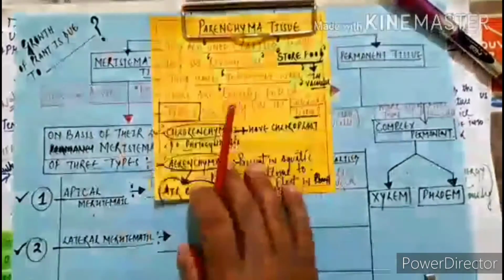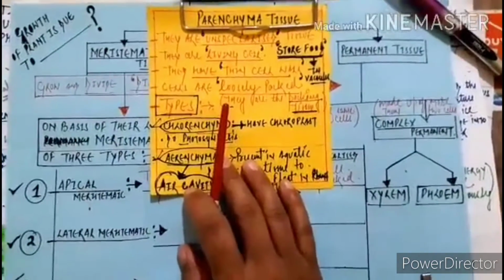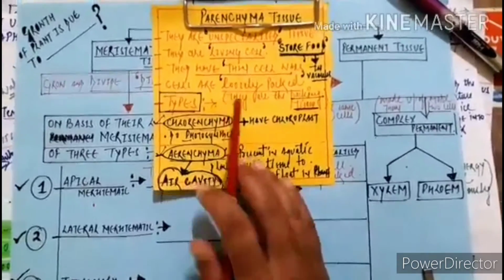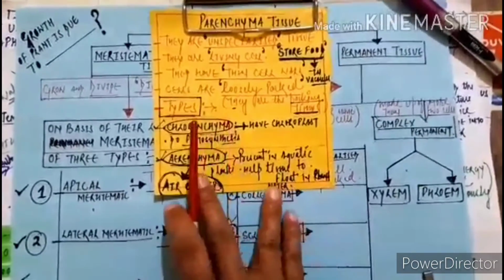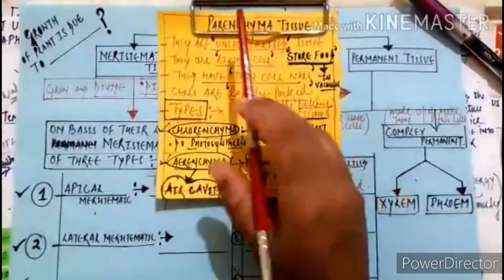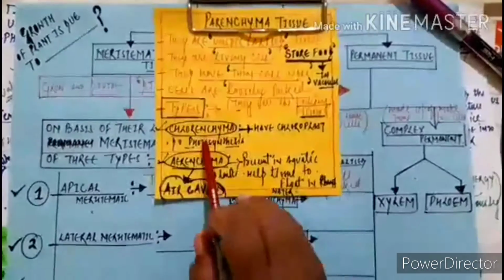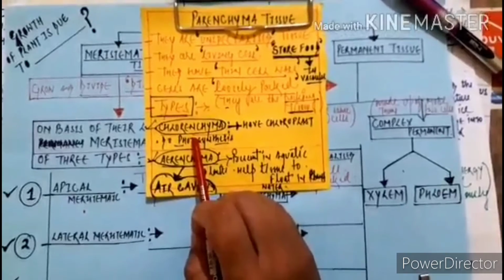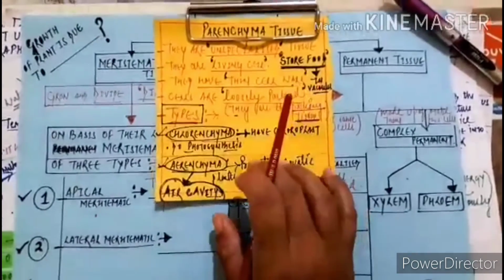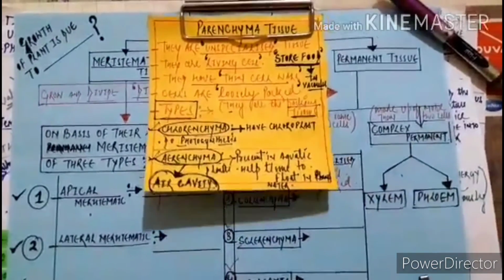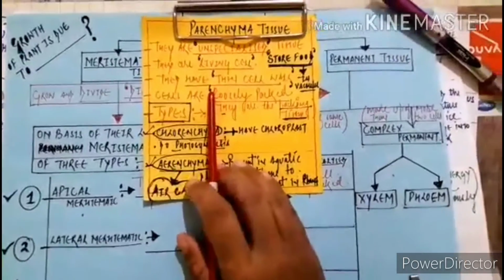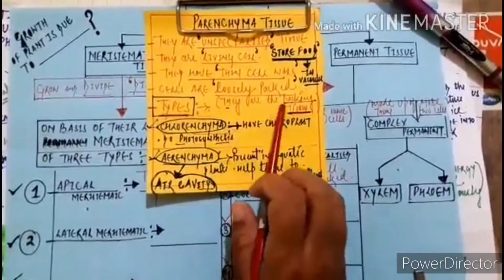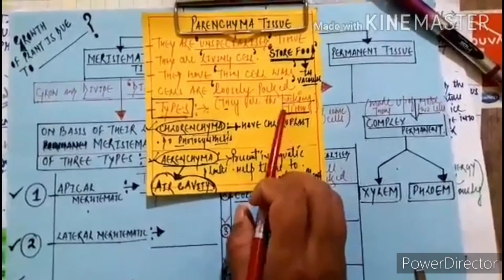Simple permanent tissues are made up of the same kind of cells or similar cells. Under this category, the first tissue is parenchyma. Parenchyma tissues are the most general tissues of plants. General tissues means they are the packing tissues of the plant.